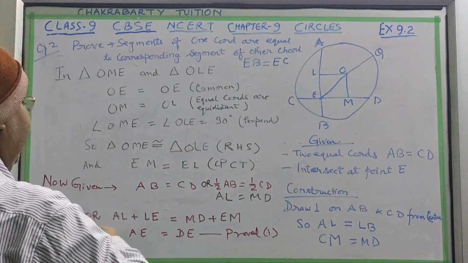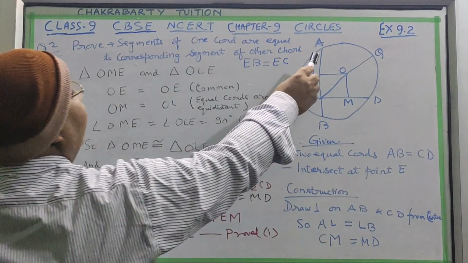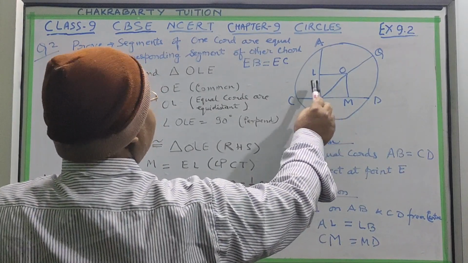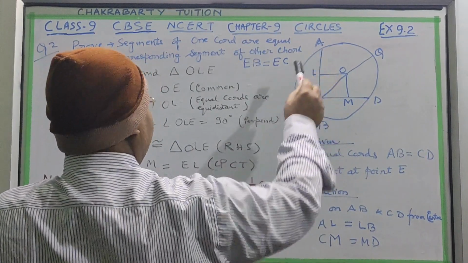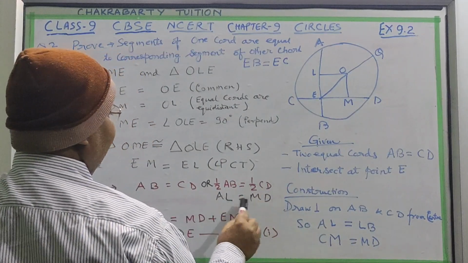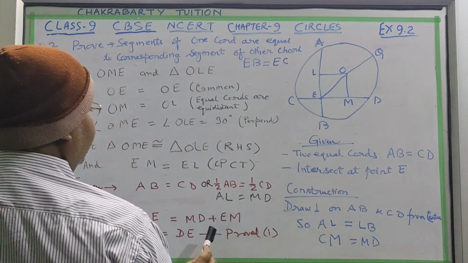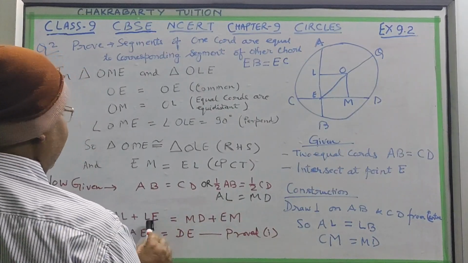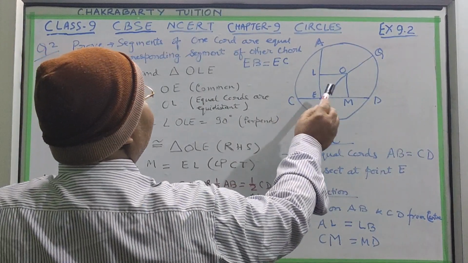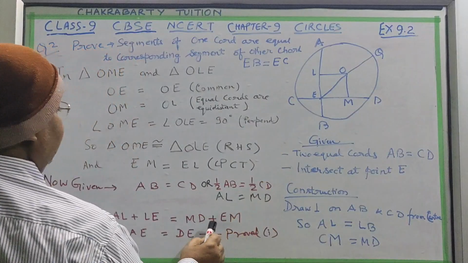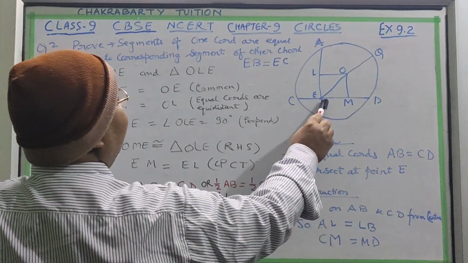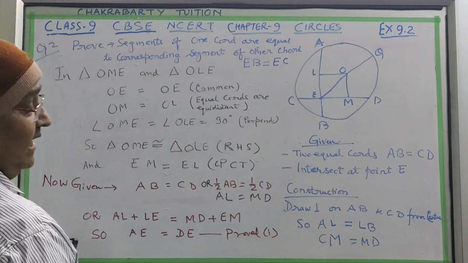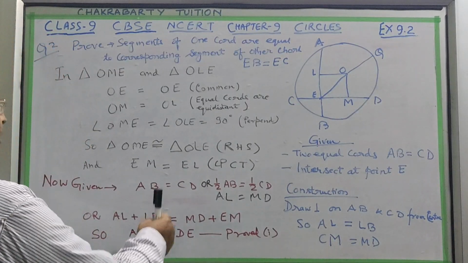Now AL plus LE, because these lines are equal. If equals are added to equals, they are equal. AL and MD are equal, so if we add equal LE to AL, and equal EM to MD, these will also be equal. If equals are added to equals, they will also be equal.